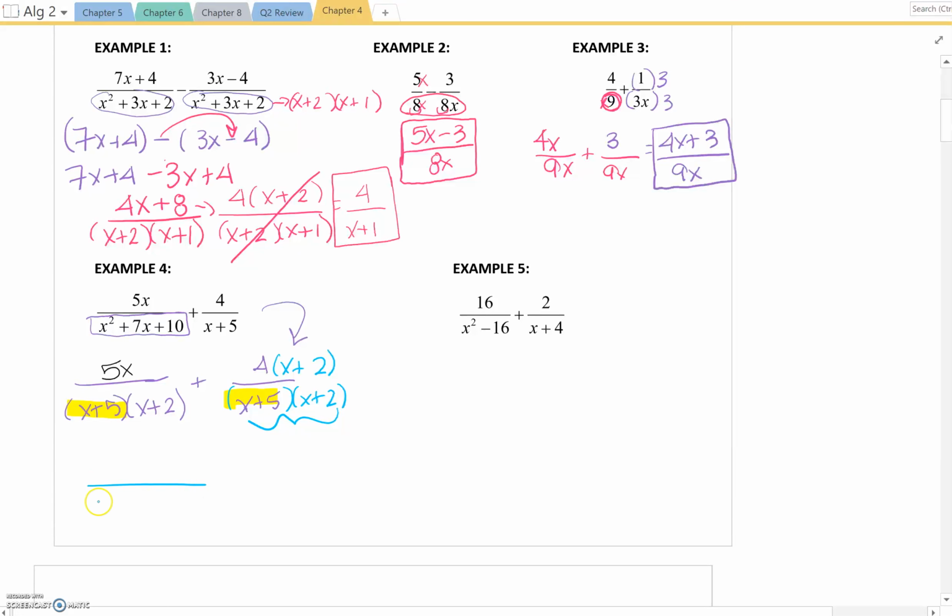The common denominator is x plus 5, x plus 2. 5x plus 4x plus 8. Then you're going to combine like terms, 9x plus 8 over x plus 5, x plus 2.